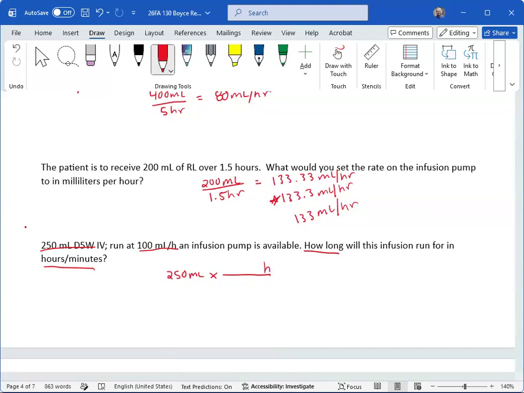What am I trying to get rid of? Trying to get rid of the milliliters. So that helps you to orient where you put what numbers as they go into these equations. That way you're not guessing. And then we can take 250 divided by 100, and then I'm going to get 2.5 hours, which is 2 hours, 30 minutes.